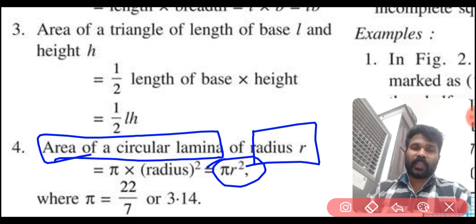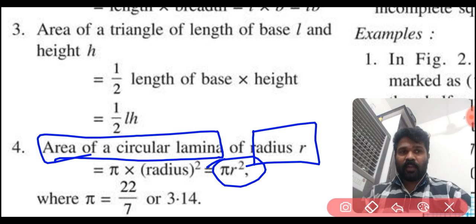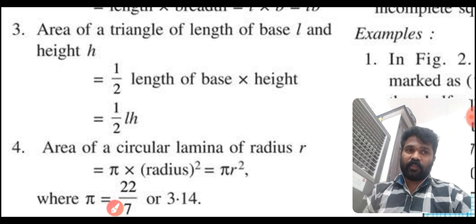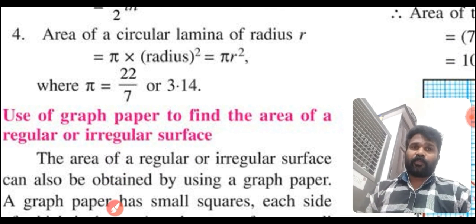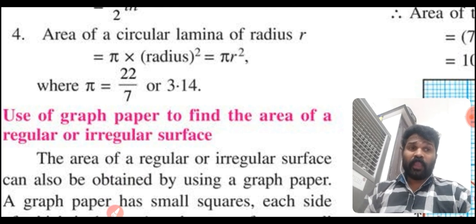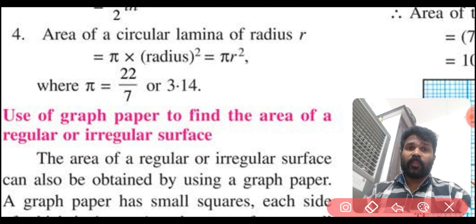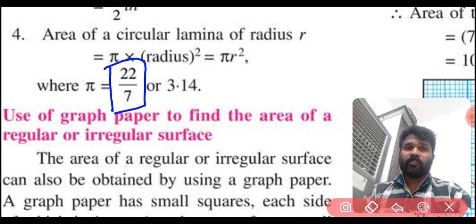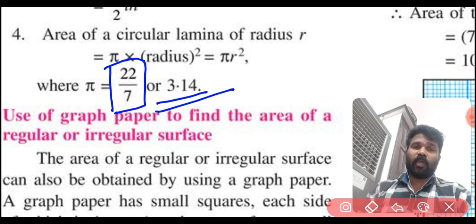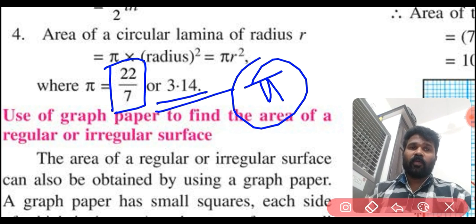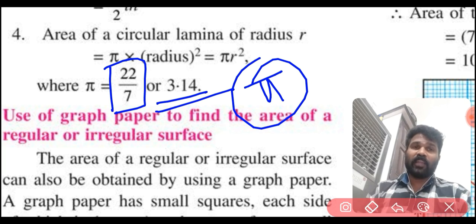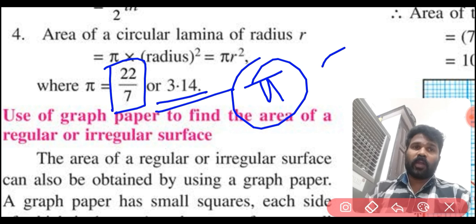Okay, students, you are understanding the points now? Pi has a constant value, that is 22 upon 7. By dividing 22 upon 7, we get the answer 3.14. So pi has a particular constant value, that is 3.14.